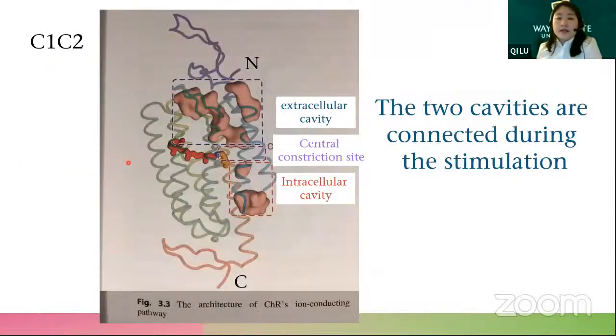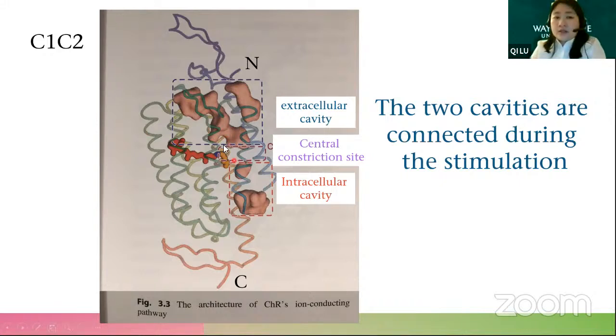So generally speaking, the architecture of channelrhodopsin's ion-conducting pathway includes the extracellular cavity, the central critical point, the constriction site, and the intracellular cavity. There are cavities on both sides, but only after the channel opens can these cavities be linked together to form a channel. And this is at a closed state.